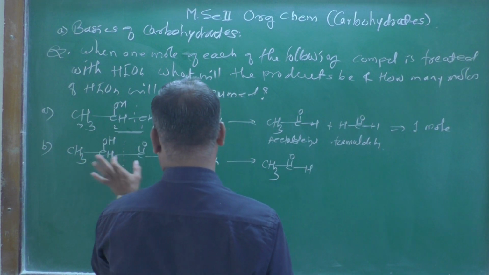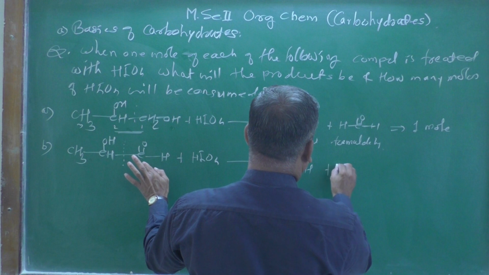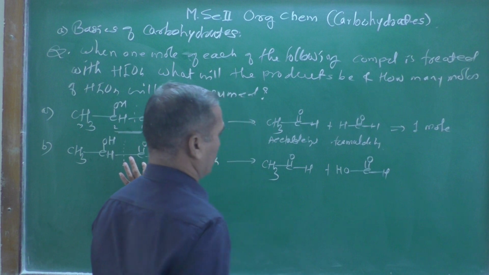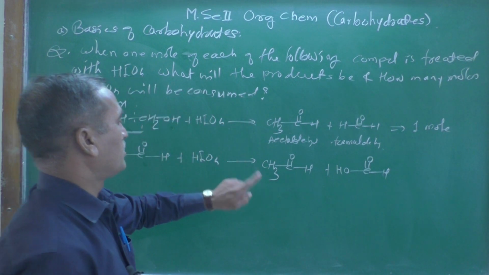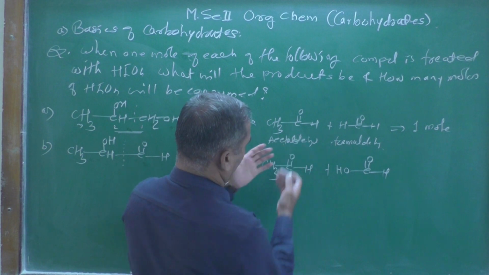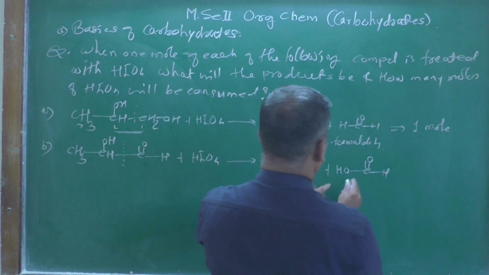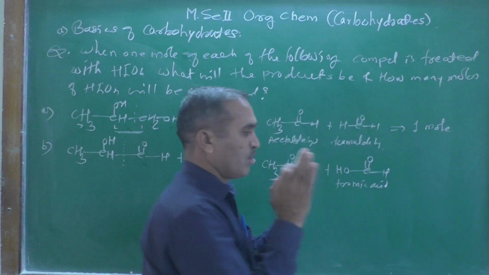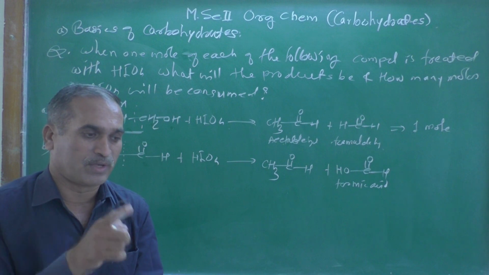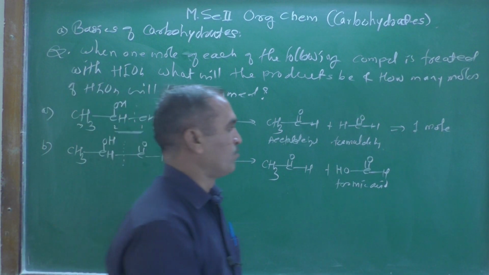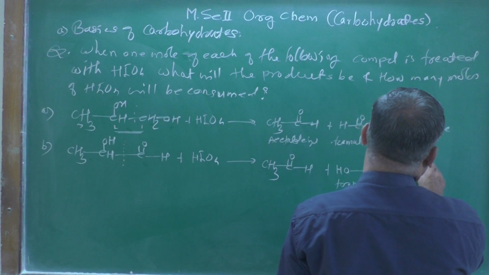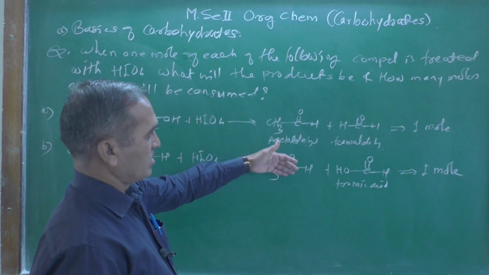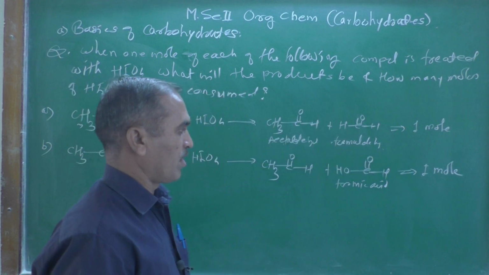One product is acetaldehyde, and another one we get here is HO, then C double bond O, H, and H is already there. This is acetaldehyde, which we have written the same. But what is this? This is formic acid. And how many moles of periodic acid are consumed? Only 1 mole is consumed. But the products are one acetaldehyde and one formic acid.